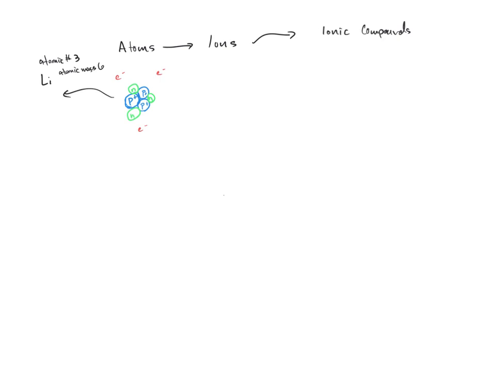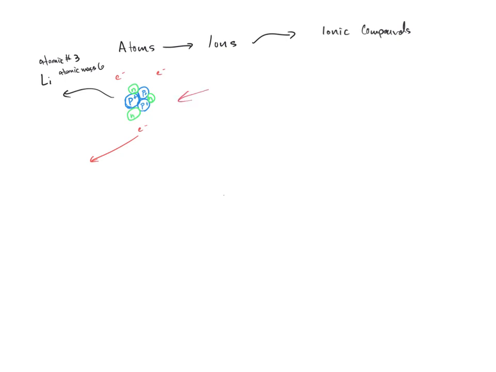And in lithium's case, it needs to either lose 1 electron so that it has 2 on the outside, or it needs to gain 7 more electrons to be full on the outside.